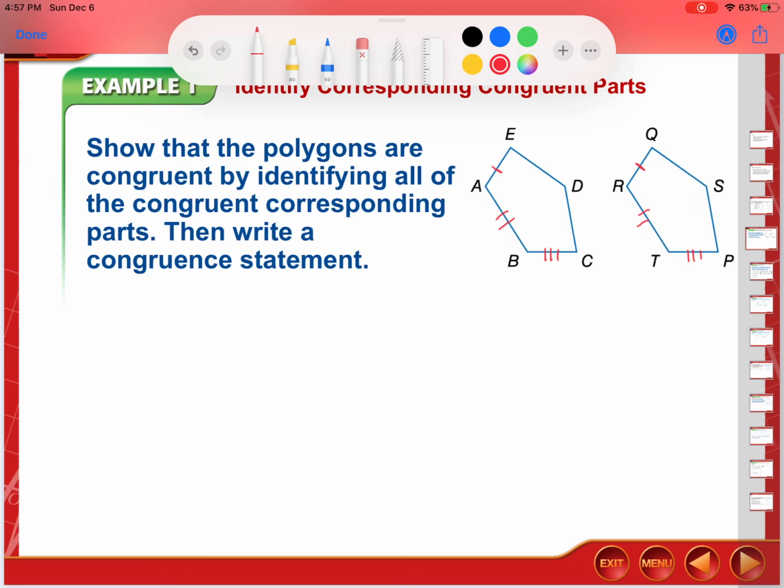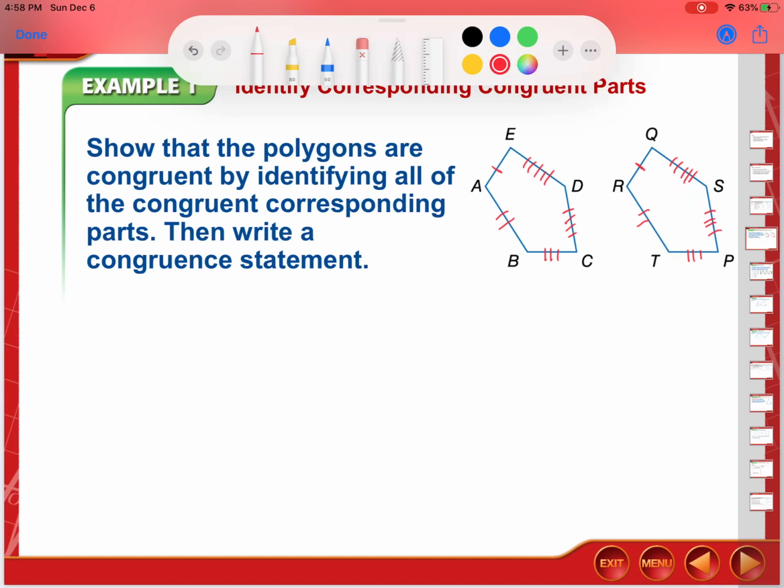BC is the same as TP, which we can tell by looking at these. There are situations where they'll have actual measurements on them. This problem just does not. CD is the same as PS, so we're going to give those 4 hash marks. And then ED is the same as QS, so I'm going to give them 5 hash marks.